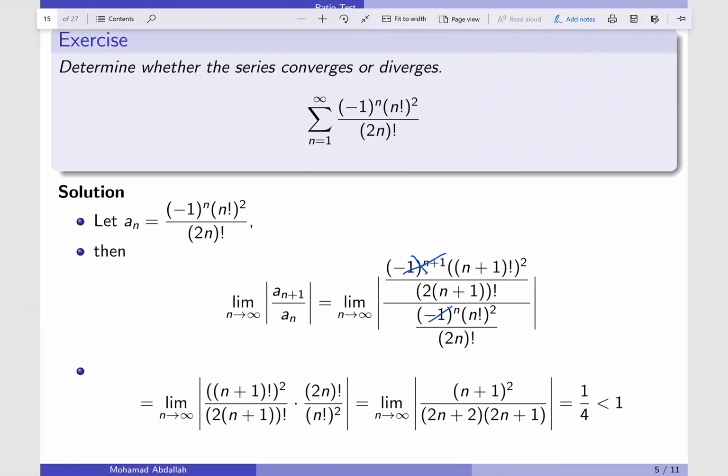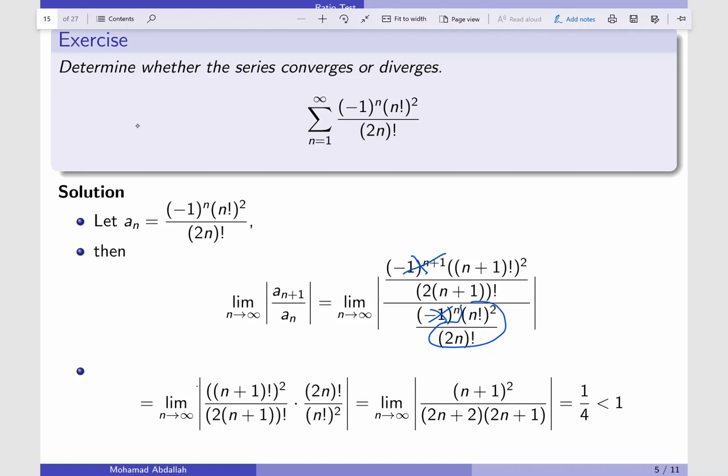This is 1, this is 1, so they don't appear right here, even though I did not remove the absolute value, but I can still remove it here. So if you want, we can just remove it. And I'm writing the first fraction times the reciprocal of the second fraction. So you can see that this becomes (2n) factorial over (n factorial) squared right here.